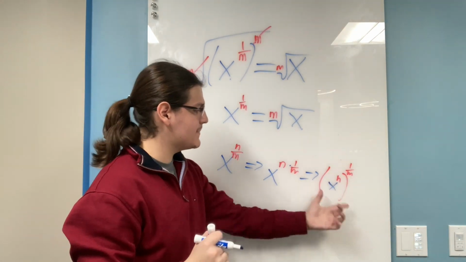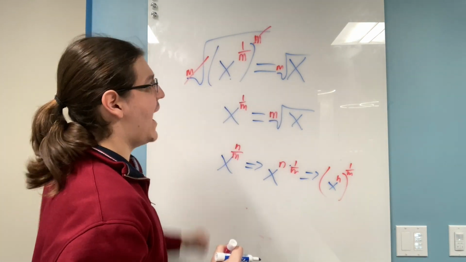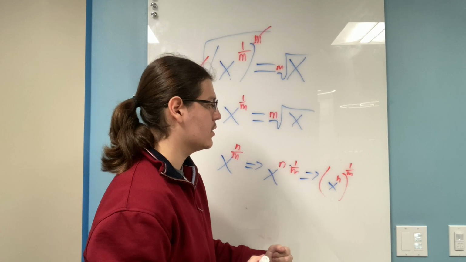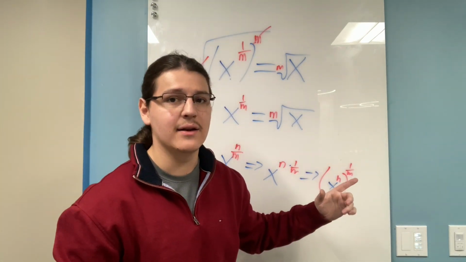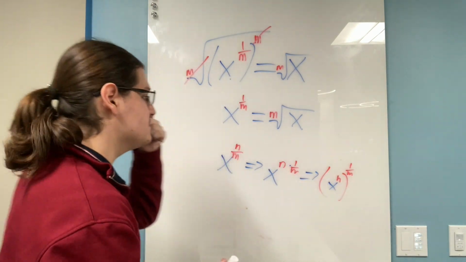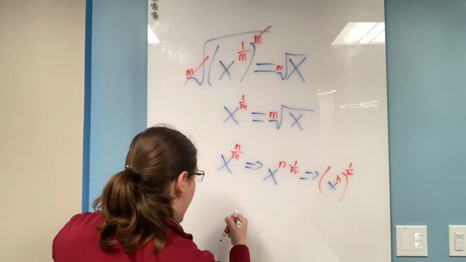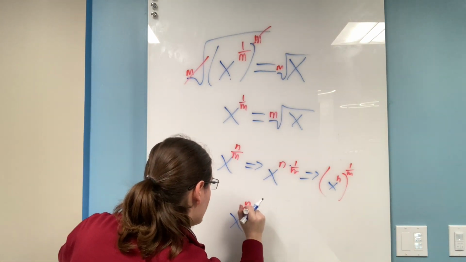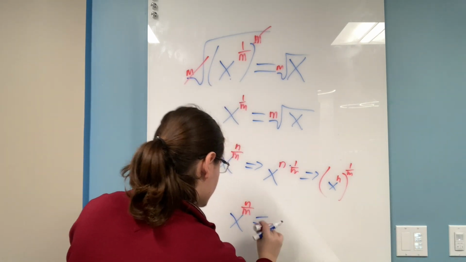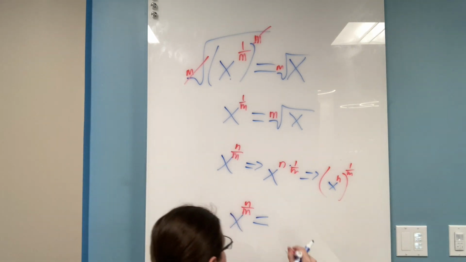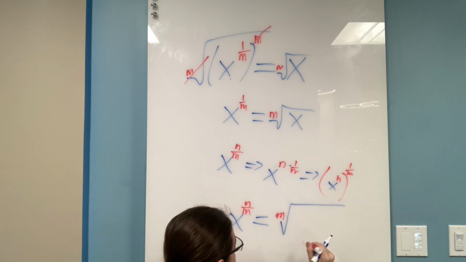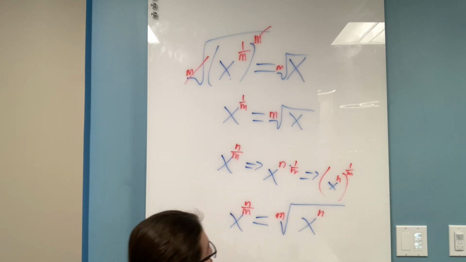Now, we would keep solving this the same way, because it's in the parentheses being raised to the 1 over m power. We would put that in parentheses again, raise that to the mth power, and then find what it equals. So what this means is that when we have x to the n over m power, that is going to be equal to the mth root of x to the nth power.